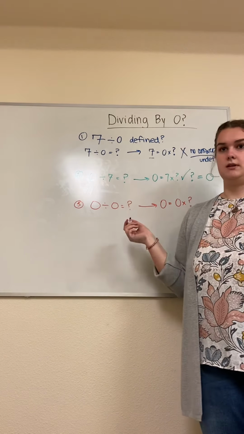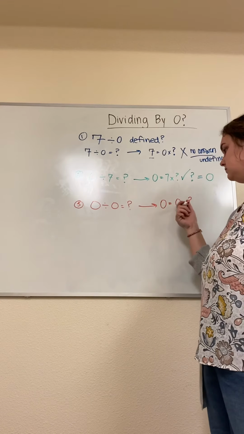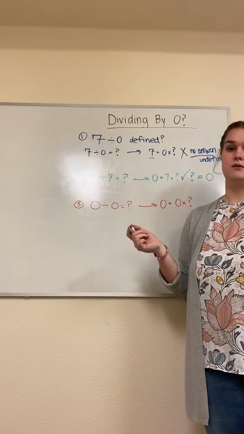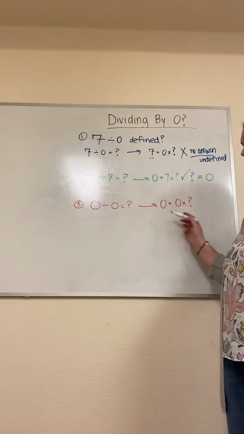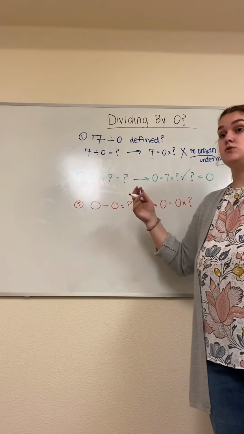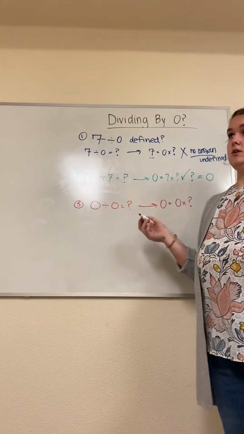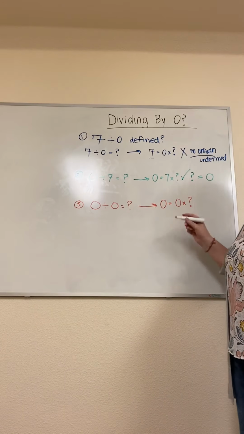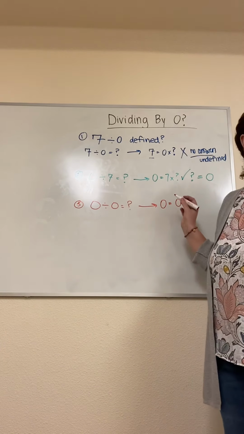And when you think about this, 0 times 0 could equal 0, but 0 times 1 could equal 0. 0 times 2 could equal 0. 0 times 20 equals 0. So you have an infinite amount of solutions.